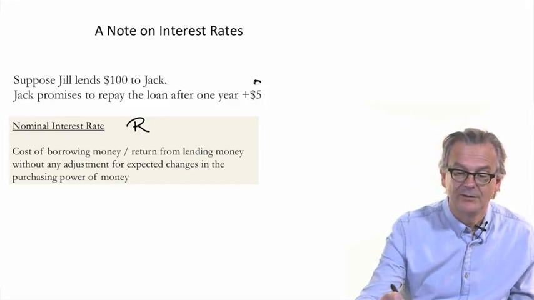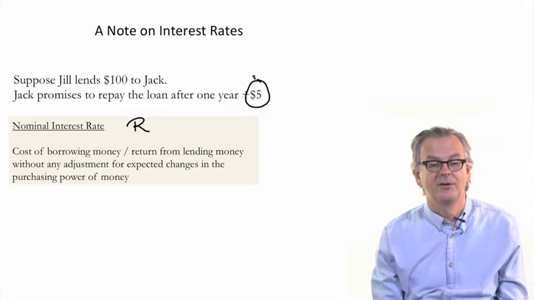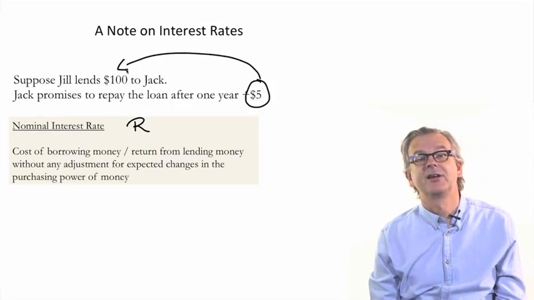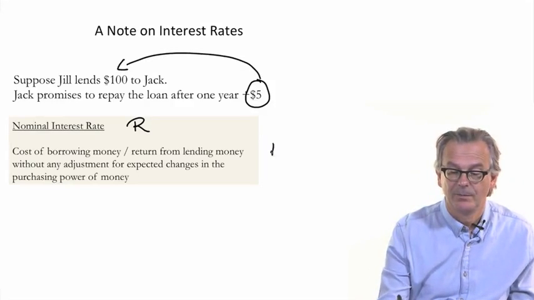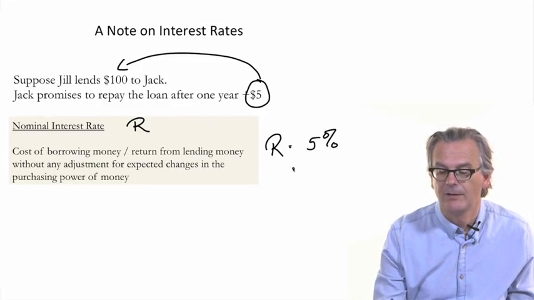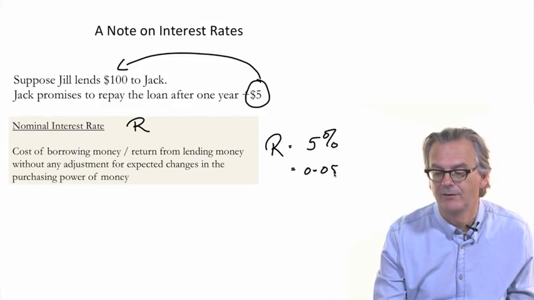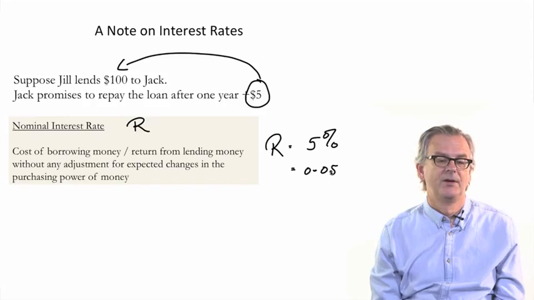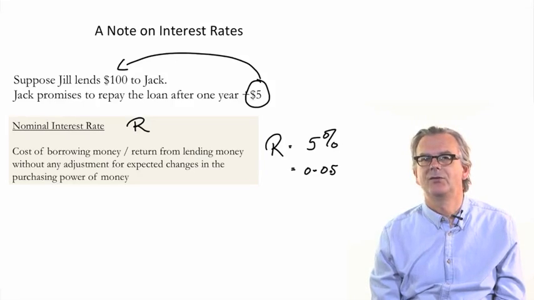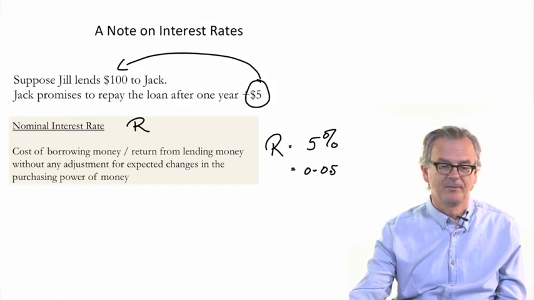In this case, the interest rate relates to the $5 payment when the loan is repaid. What is that relative to the size of the loan? $100. The nominal interest rate in this case would be 5%. Often we write that as just 0.05. The nominal interest rate is the interest rate that is associated with the loan, ignoring any possible changes that might be expected to occur in the purchasing power of money.